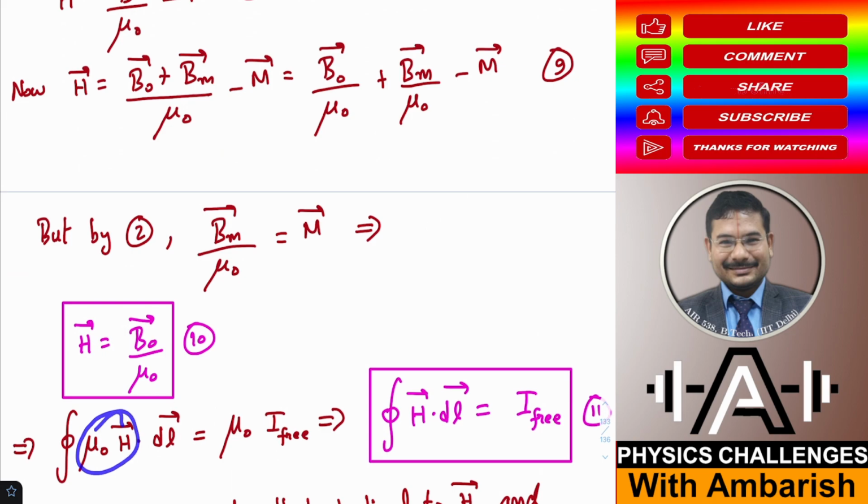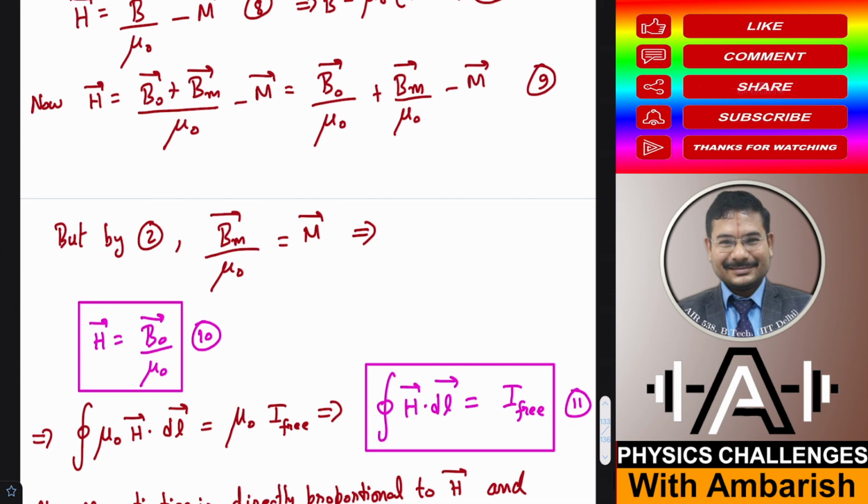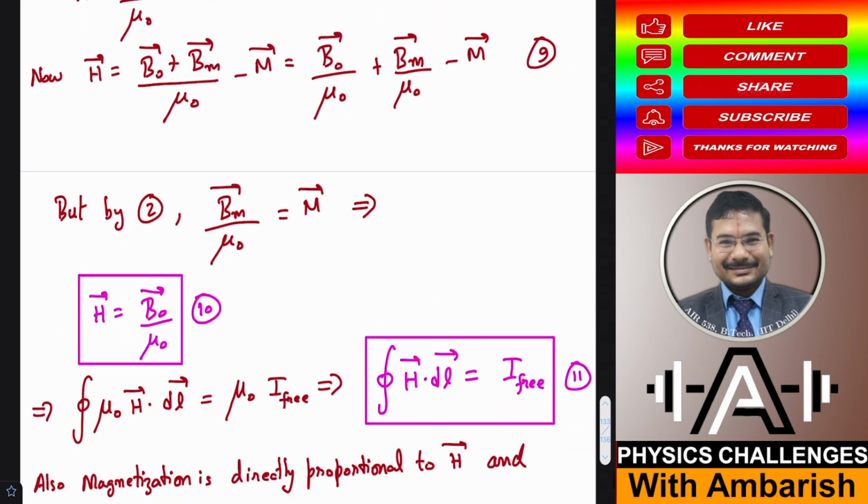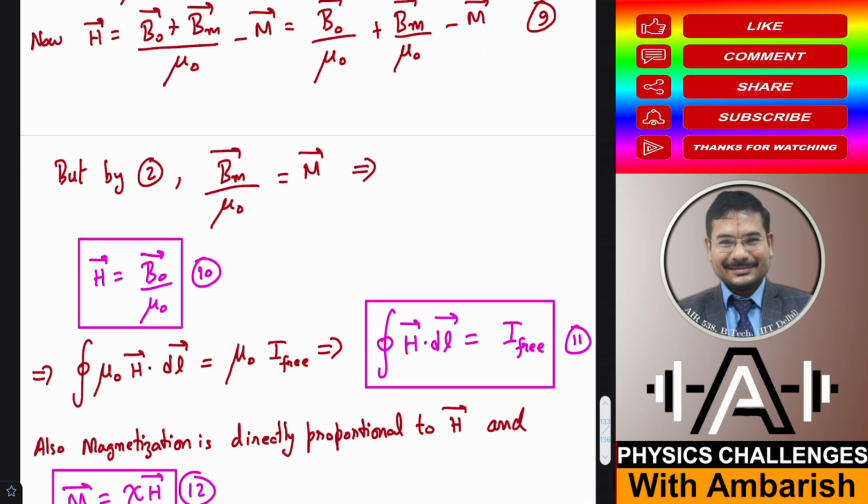Integral of mu naught H dot dl is equal to mu naught times free current, right? So mu naught you can cancel off on both sides, and you are left with integral of H dot dl is equal to I free enclosed. This is the other result that I wanted to prove. One was integral M dot dl is equal to bound current enclosed, and the other result is integral of H dot dl is free current enclosed in the loops.